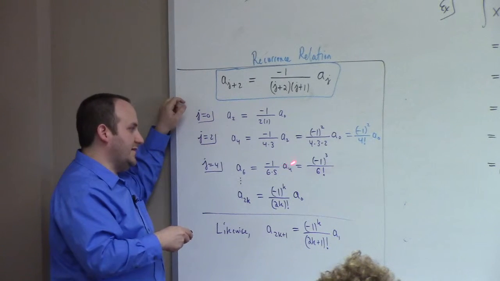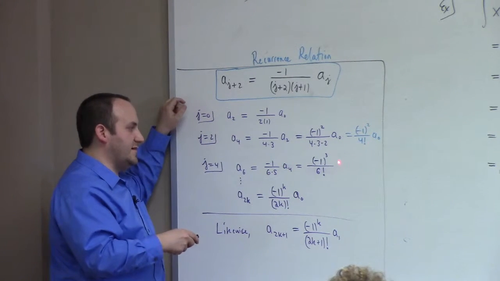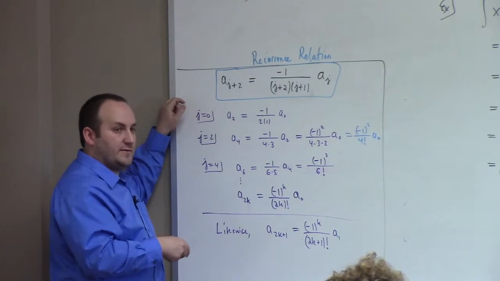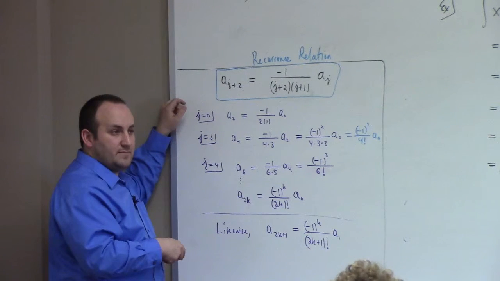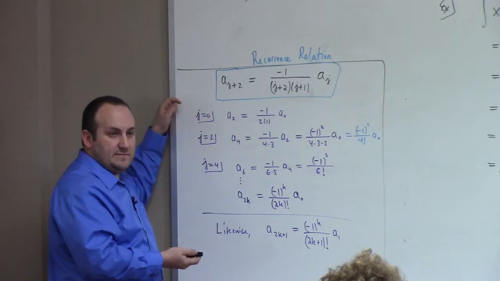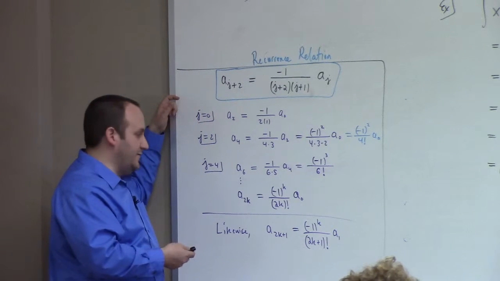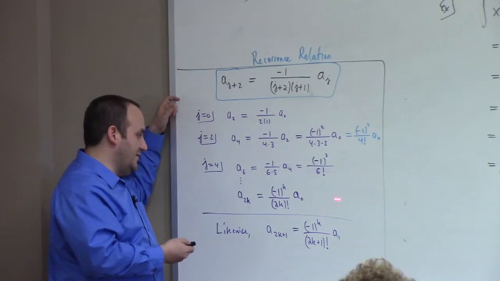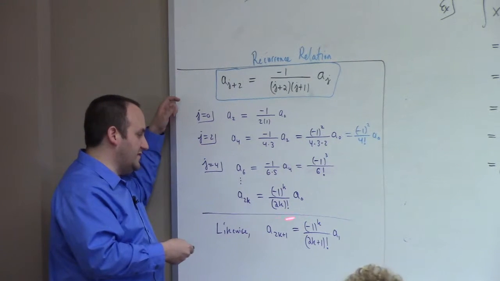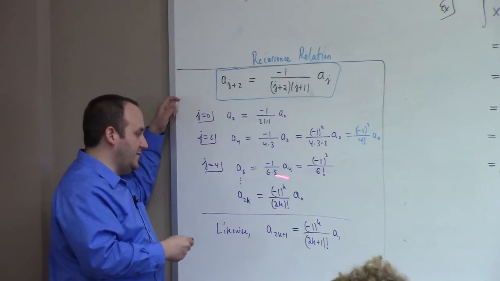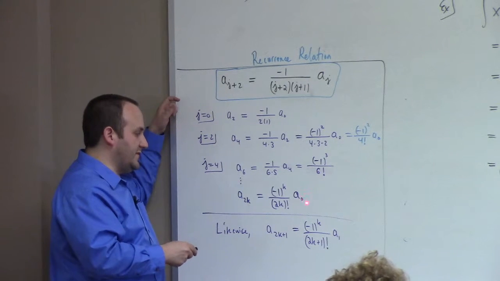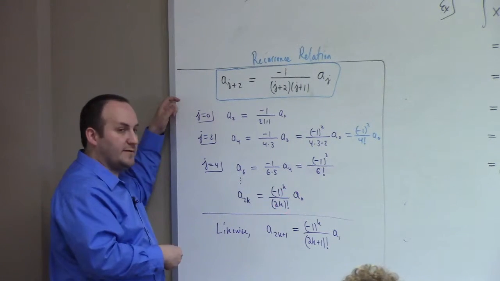But a sub 4 has a 4 factorial and a minus 1 squared, so I get minus 1 cubed over 6 factorial. You keep doing this until the pattern hits you, right? And if you search your heart, you can see that the pattern for even coefficients is that every even coefficient can be re-expressed in terms of the 0th coefficient times minus 1 to the k over 2k factorial.